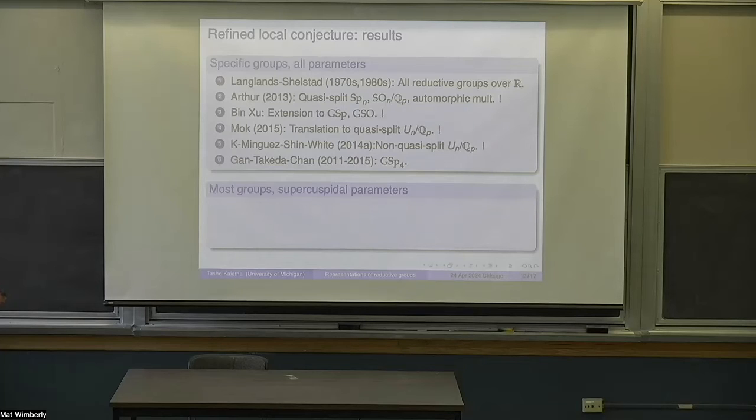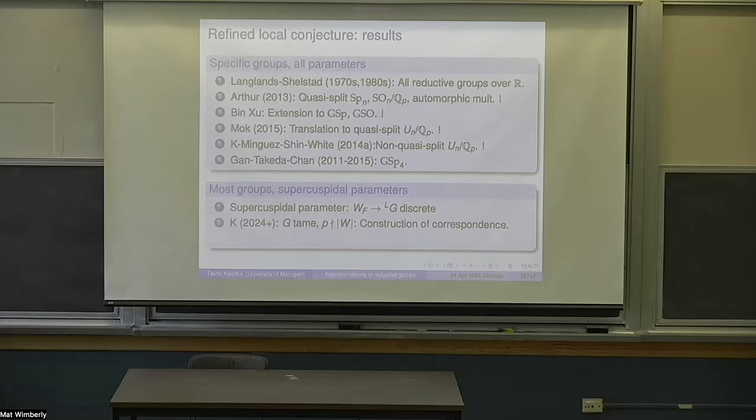Instead of thinking of specific groups and handling all representations, you can try to handle all groups, but only specific representations. And the specific representations I'll be thinking of are on the Galois side, discrete Galois parameters, which you can think of as irreducible Galois representations, basically, large enough, and also semi-simple.